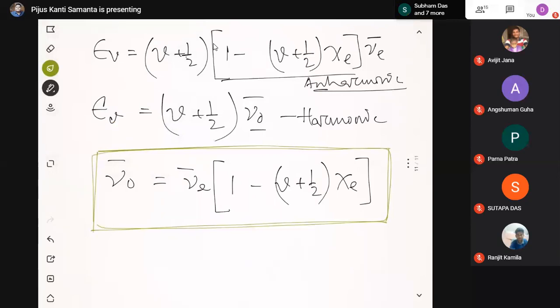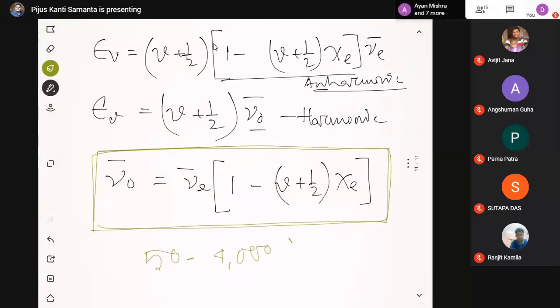Now, if we practically see the transitions between various vibrational levels, they fall in the region 50 to 4000 centimeter inverse. That is the entire infrared band, and there are some Raman bands and other absorptions also.